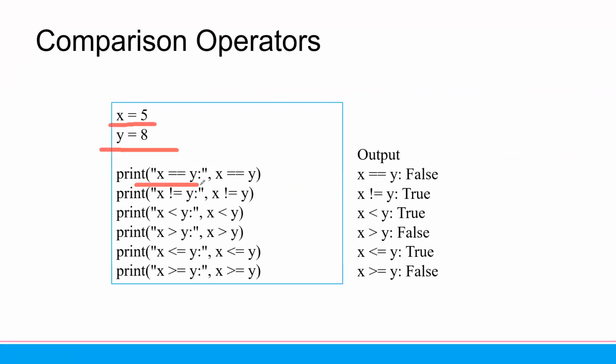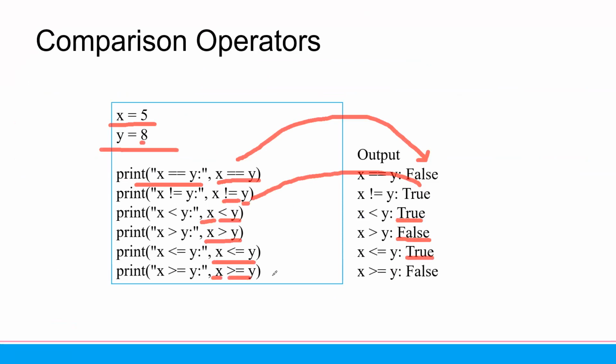If I want to print x equals y, the result is false, because x is not equal to y. x not equal y, the result is true. x is less than y, the result is true. x is greater than y, false. x is less than or equal to y, true. x is greater than or equal to y, false.